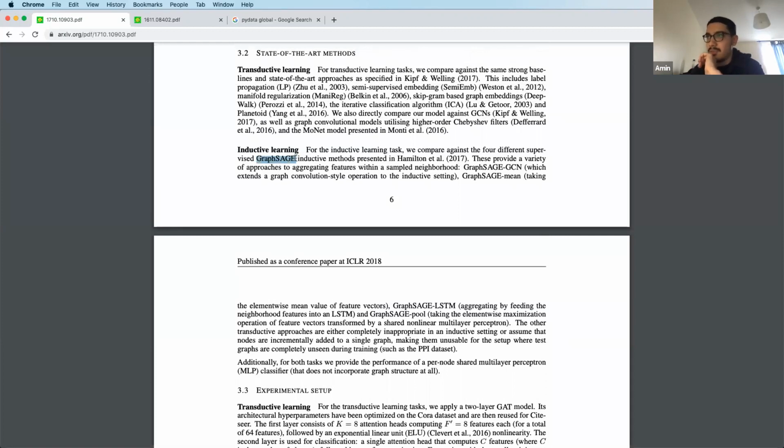If somebody knows about this model more than me, please let me know. But in this model, at training time before aggregation of neighborhood information, a fixed size neighborhood is sampled. Instead of it being a probability of each node in the neighborhood, it's just a fixed size.